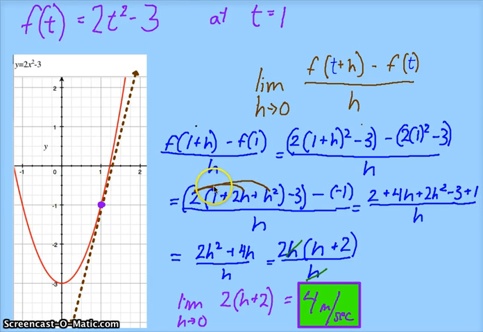You have to know how to expand, distribute, and of course, don't forget little pieces, so if you get something wrong, it's the little pieces. And the reason I wanted to draw it for you is that we can actually see. I said that in an earlier chapter we saw that we could estimate instantaneous velocity by looking at the slope of the tangent at, in this case, t equals 1.